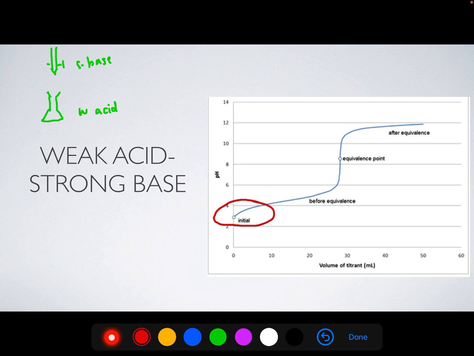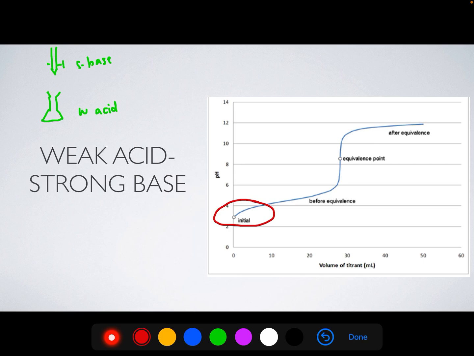Okay, dalam strong acid, strong base punya titration curve pun kita bermula dengan pH yang rendah, tetapi kalau ingat balik tadi pH dia memang hampir approaching zero. Oleh kerana kita menggunakan strong acid, selalunya concentration of H+ dia tinggi, therefore pH dia akan jadi sangat rendah.